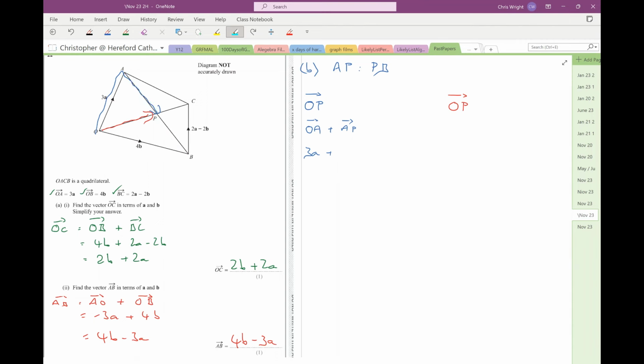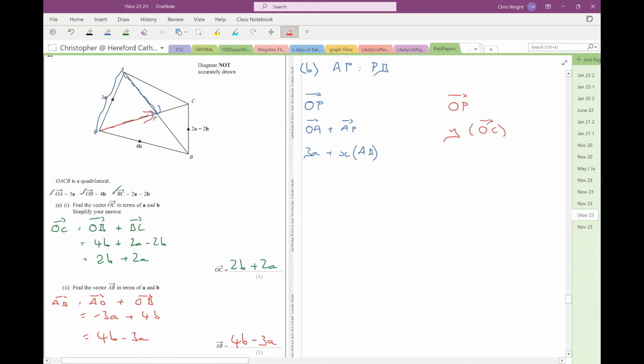I don't know what fraction that is, so I'm just going to call it x of A to B. And in the same way, O to P in my red route is just a certain fraction of OC. And I don't know what fraction, so I'm going to call it y of O to C.